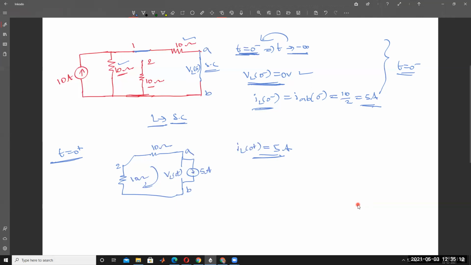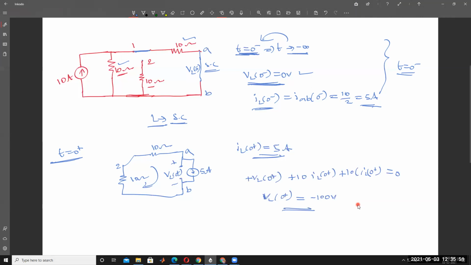And then, what is the voltage across terminals A and B? VAB, plus here and minus here, is nothing but VL of 0 plus plus 10 into IL of 0 plus, which is equal to 0, and then VL of 0 plus is equal to minus 100 volts.